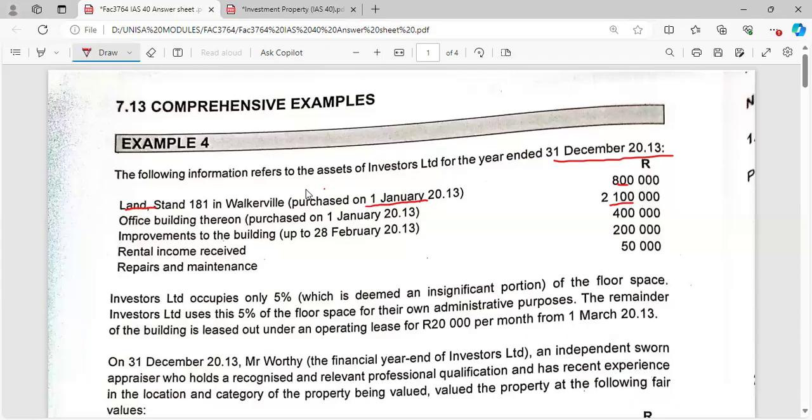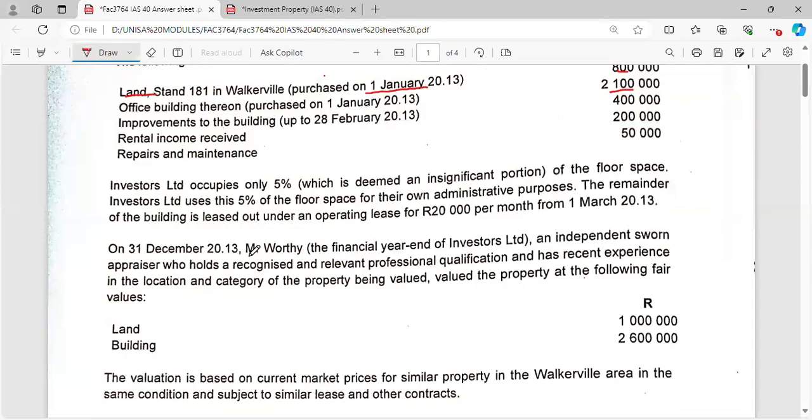There is also improvements to the building. There is rental income, repairs and maintenance. Then they went on and say Investors Limited occupy 5%, which is deemed an insignificant portion.